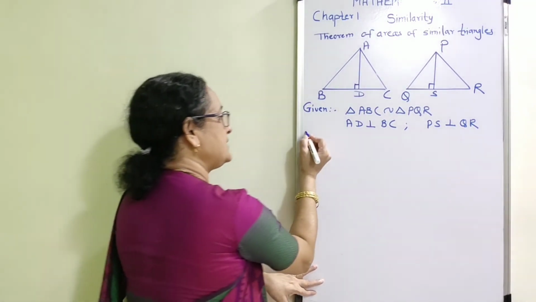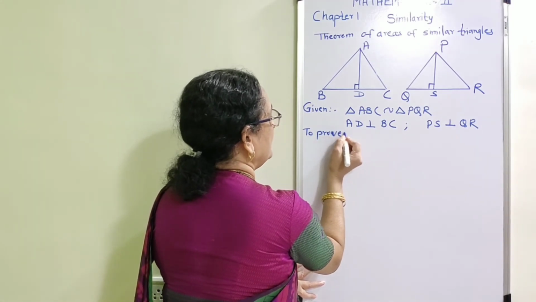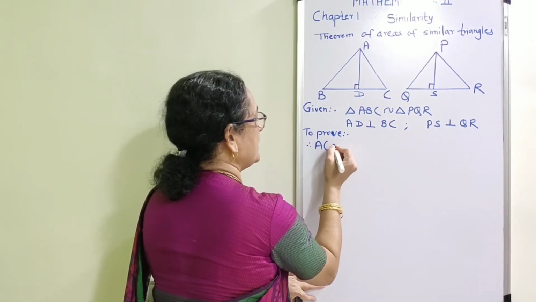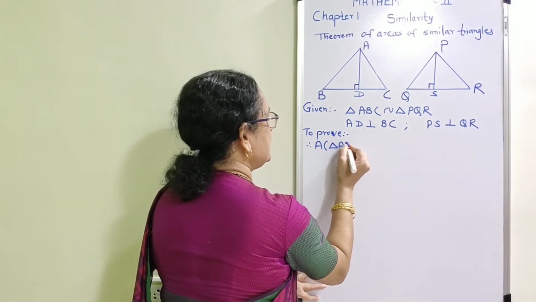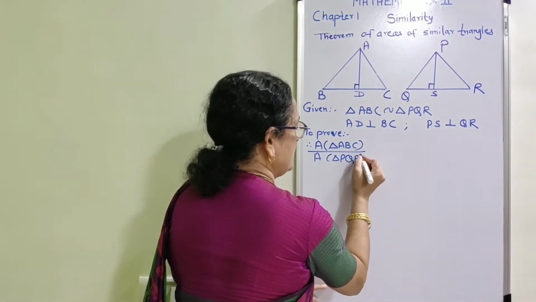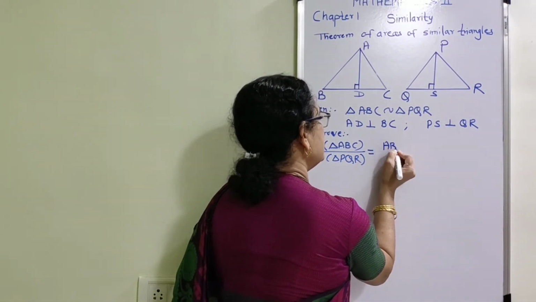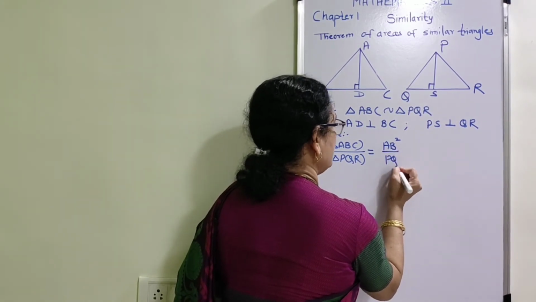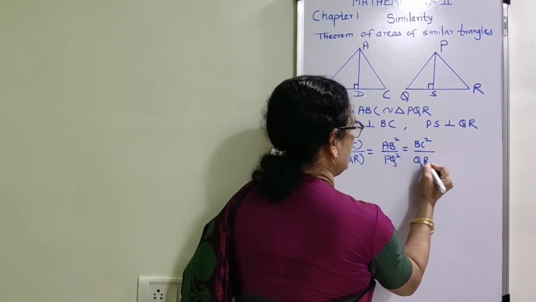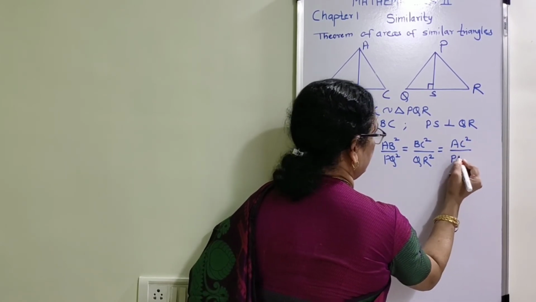You are going to prove that when the given triangles are similar to each other, the ratio of their areas, area of triangle ABC upon area of triangle PQR, is equal to the ratio of squares of their corresponding sides, that is AB square upon PQ square, also equal to BC square upon QR square, also equal to AC square upon PR square.